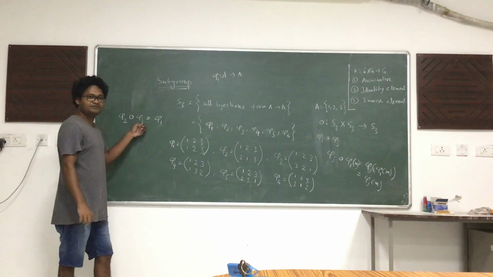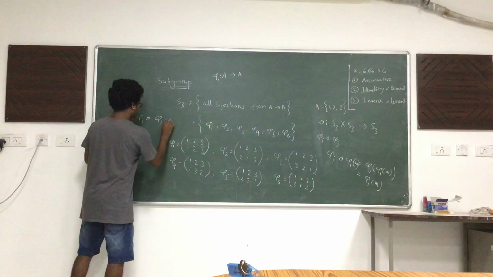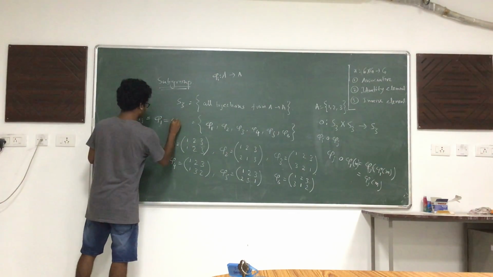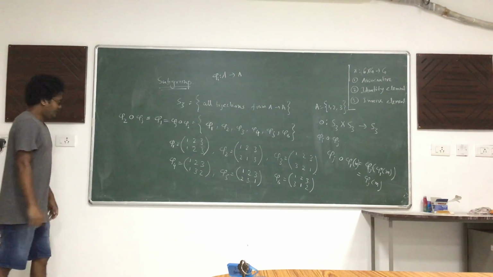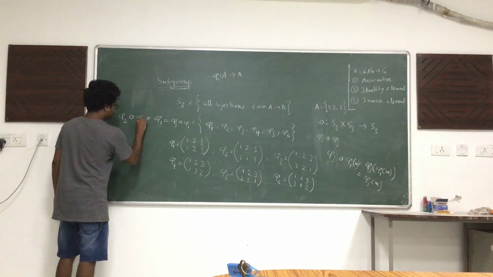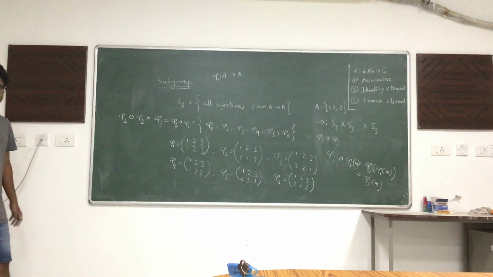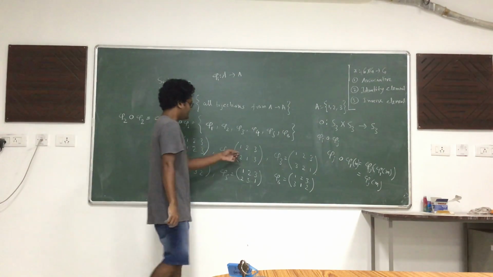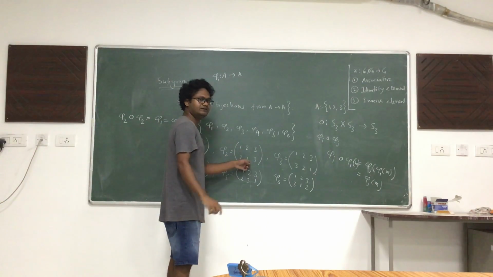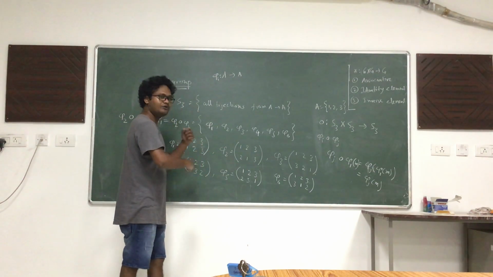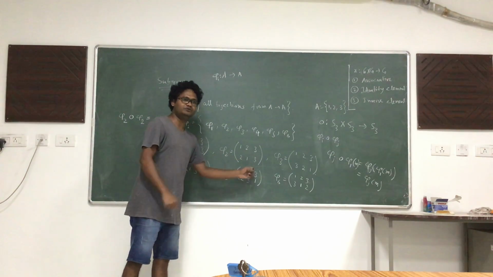Which phi j will give this condition for phi 2? My answer to that is essentially phi 2. That is simple in this particular case because 1 goes to 2, 2 goes to 1, and if we do it again, then 1 comes back to 1, 2 comes back to 2.